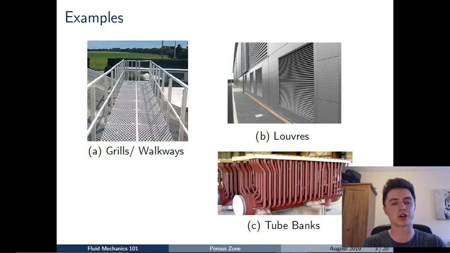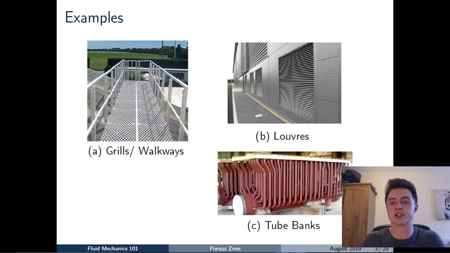So just to start things off, here are some quick examples of applications where you might consider using a porous zone in your CFD simulation. You can see from the figures on the screen we've got some grills and porous walkways, which you may see in various industrial settings where you have a mesh walkway which isn't entirely solid.